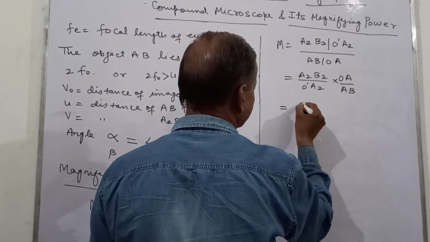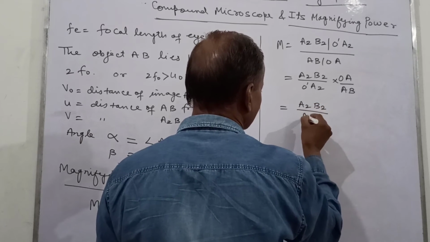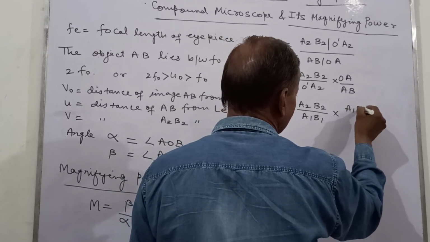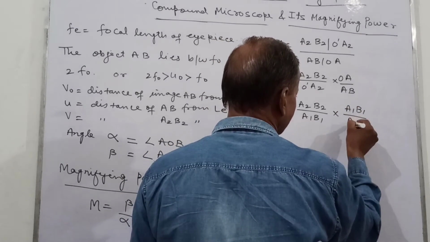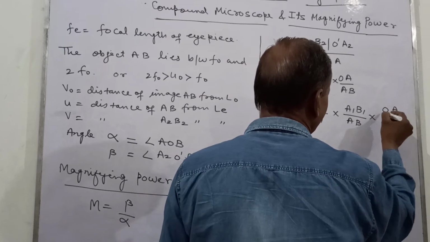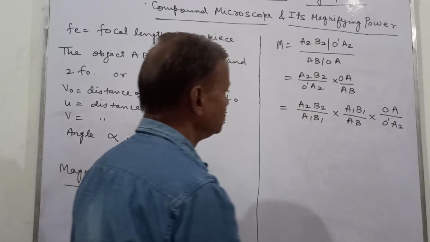So I can write it A2 B2 upon A1 B1 into A1 B1 upon AB into OA upon O dash A2.